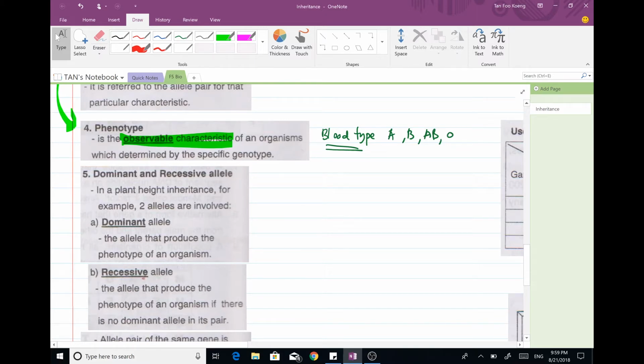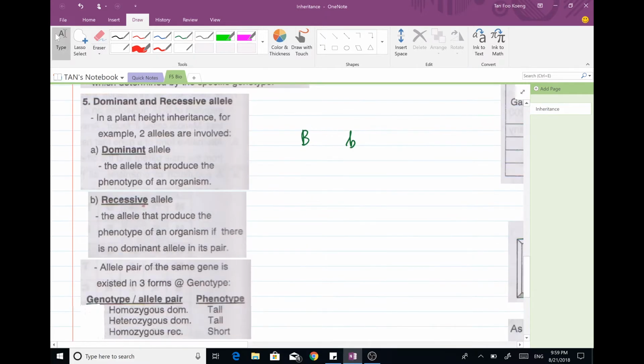So normally the dominant allele will be represented by capital letter. So let's say the allele that determines black hair color will be represented by capital B. And then the recessive allele, let's say it determines that the color of the hair is bronze, so it would be represented by small letter b.